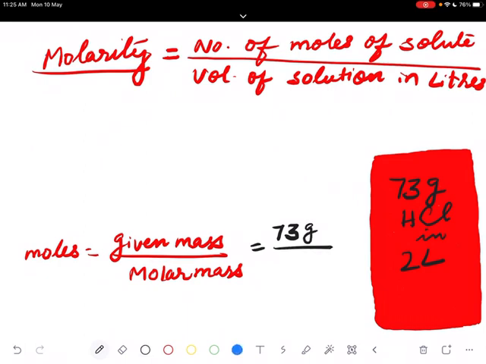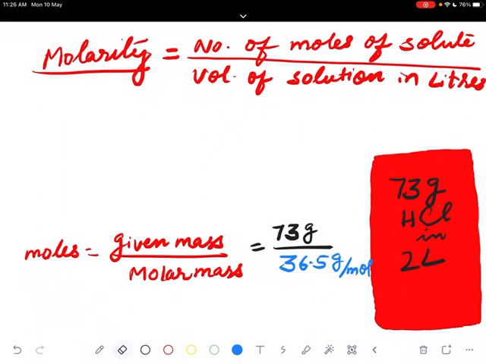The molar mass of HCl is 1 plus 35.5, that is 36.5. So I'm dividing this by 36.5 grams per mole. So, what is the number of moles?